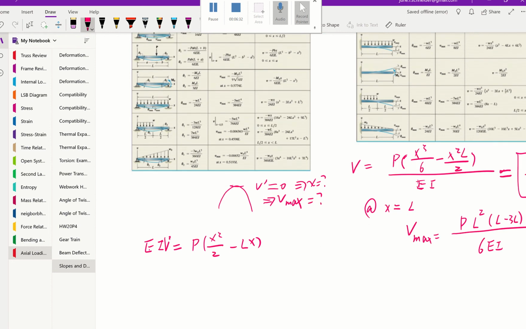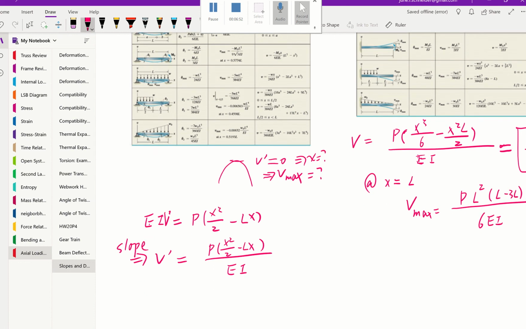So here you get the expression for v prime, which is the slope of the deflection, and that gives us the answer: P times x squared over 2 minus Lx, then divided by EI. And when will the slope be maximum?